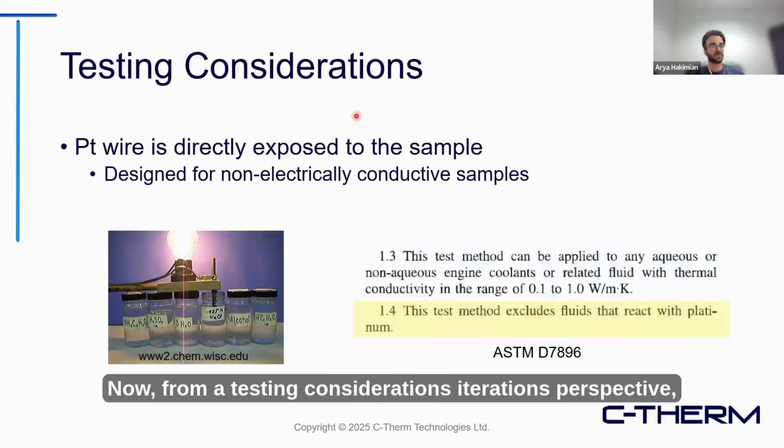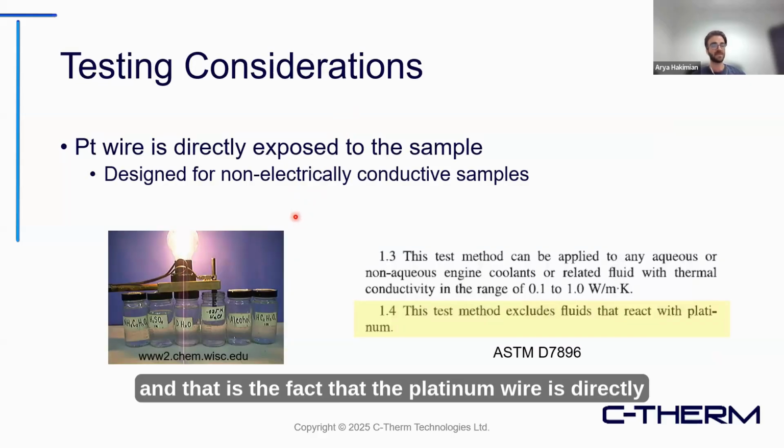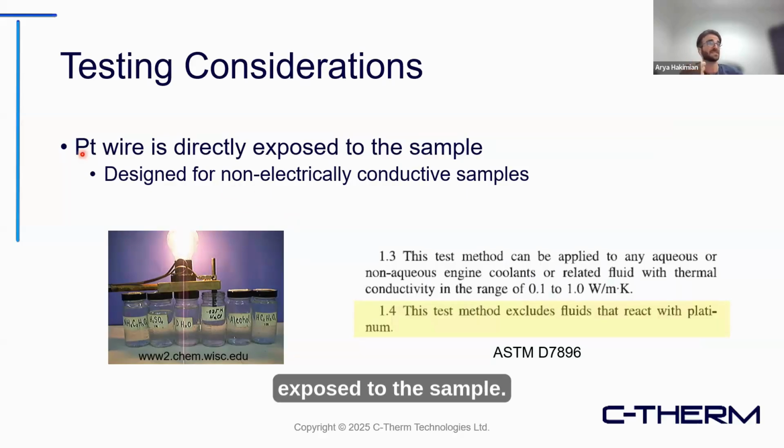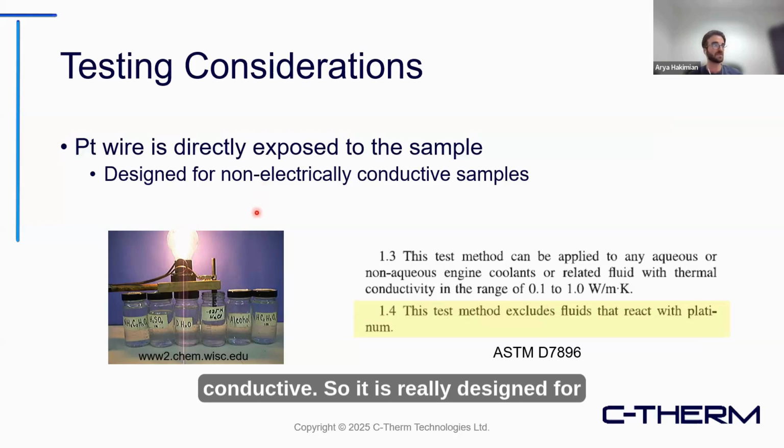Now, from a testing considerations perspective, there's really one big one with the THW, and that is the fact that the platinum wire is directly exposed to the sample. So the ASTM says the test method excludes fluids that react with platinum. One of the big ones is those that are electrically conductive, so it is really designed for non-electrically conductive systems.